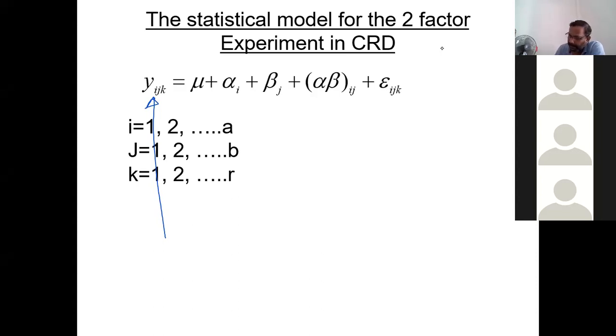So this is referring to levels of factor A, levels of factor B. This is the replicate. Tell me, Yijk. How can we write Yijk? It is difficult to write it here.